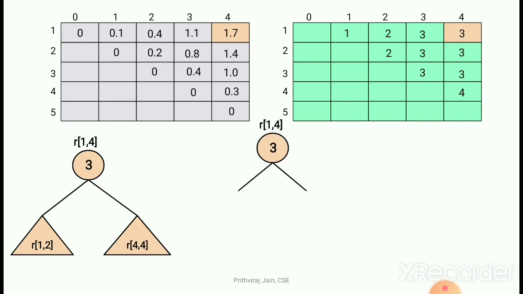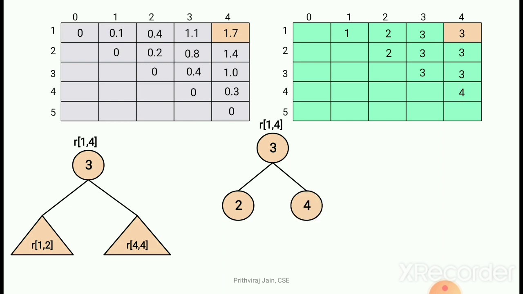Let us find r of 1 comma 2. In the root table, r of 1 comma 2 is 2. Similarly, r of 4 comma 4 is 4.